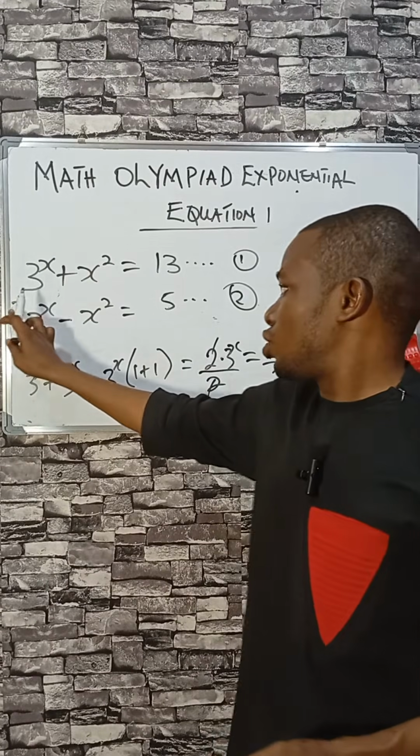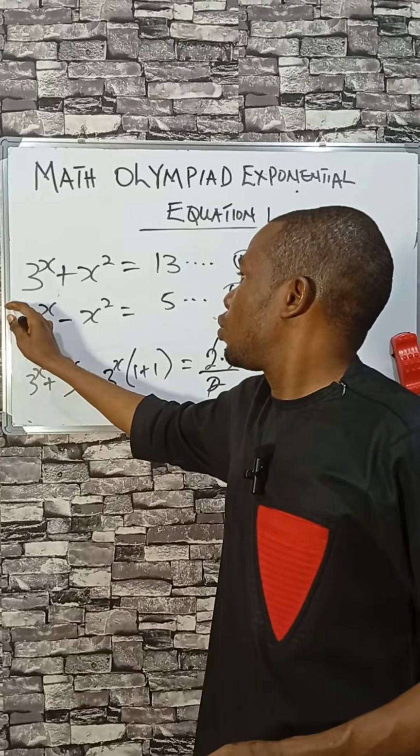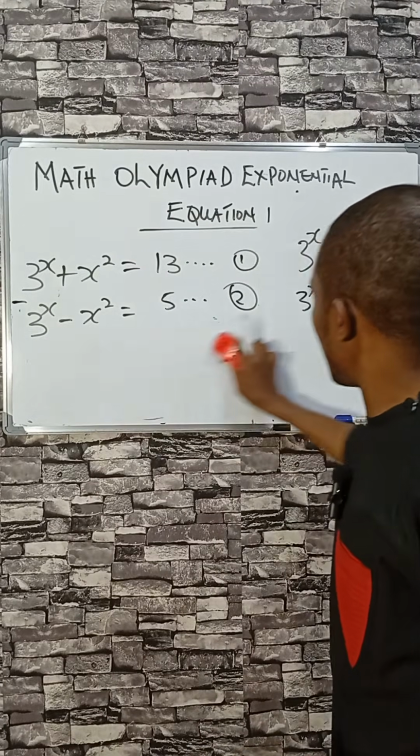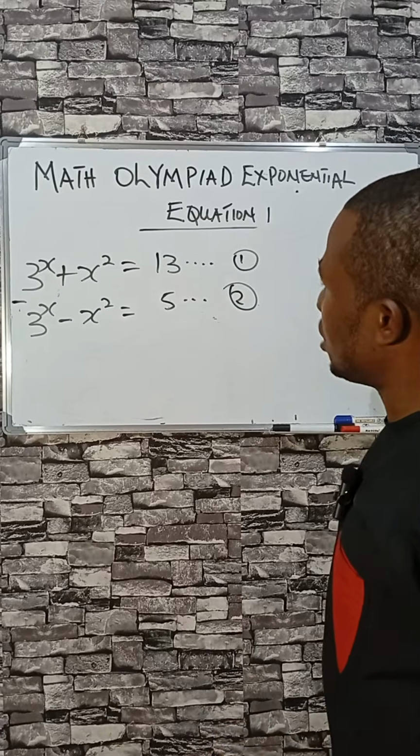The 2 is by addition. Then what if we choose to subtract? If you choose to subtract, we will still have 2, but let's see how that looks.